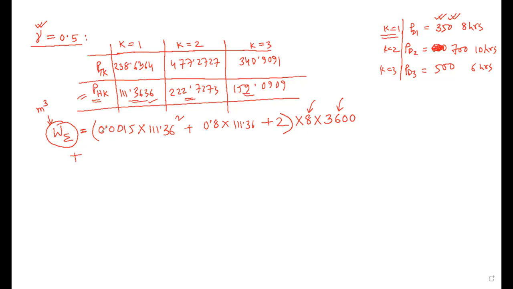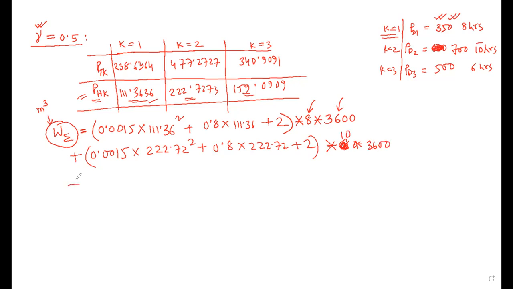For K equals 2, we continue in the same manner: 0.0015 times 222.72 squared plus 0.8 into 222.72 plus 2, into, sorry, not 8, this is 10 hours, so 10 hours into 3600.